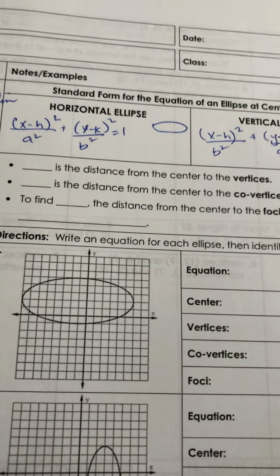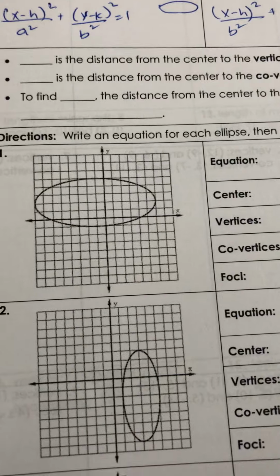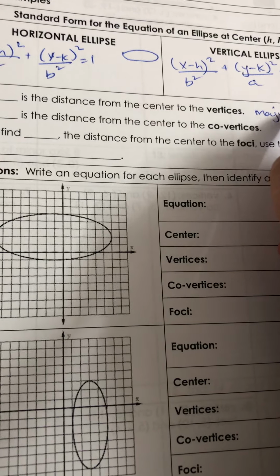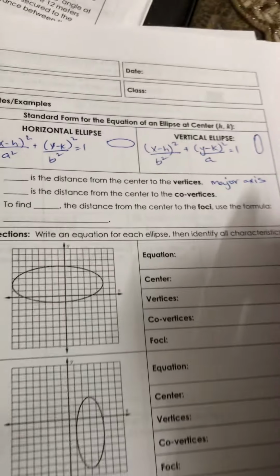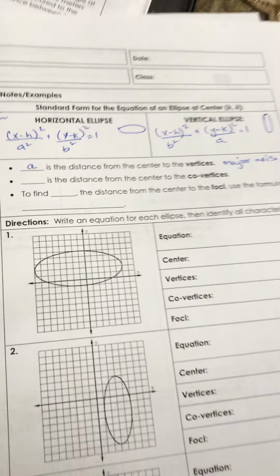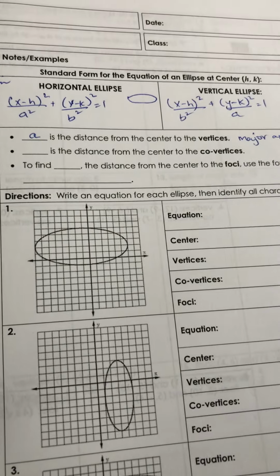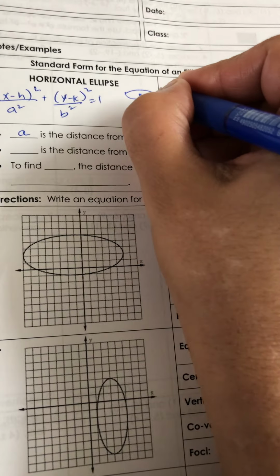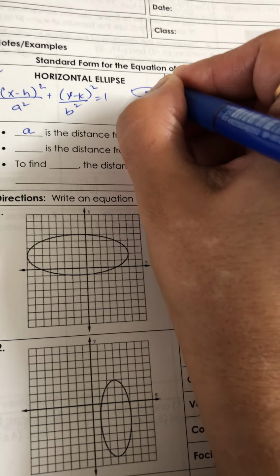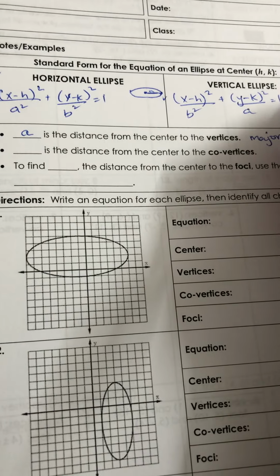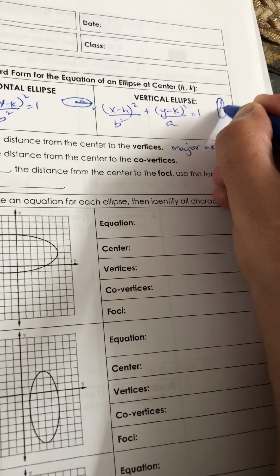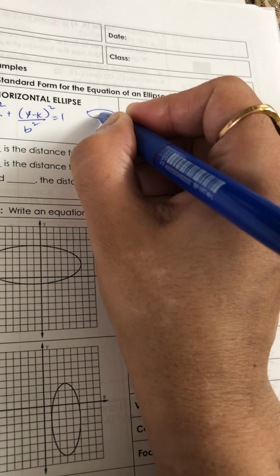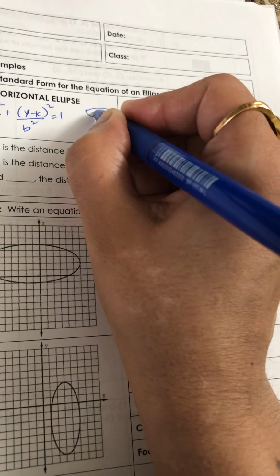Now there are a few characteristics of ellipses we need to know, where a is the distance from the center to the vertices. Vertices are on the major axis. So a is the distance from the center to the vertex, not the distance between the two vertices. If this is the center and this is the major vertex, then this distance is a. The distance from the center to the co-vertices on the minor axis is b.